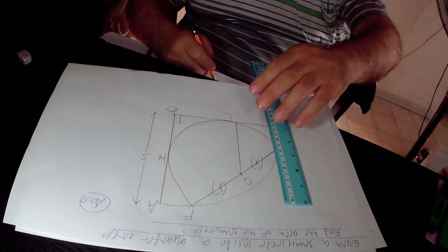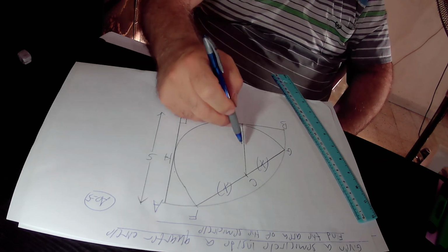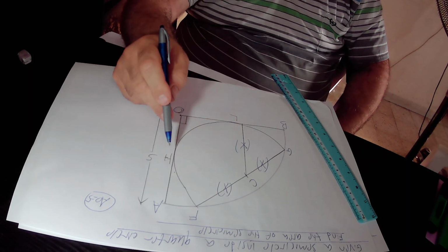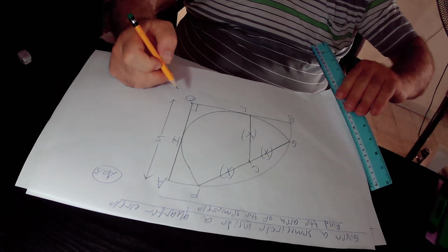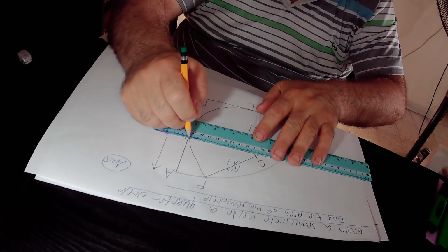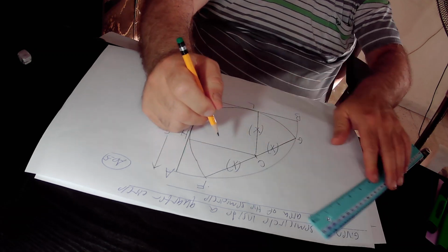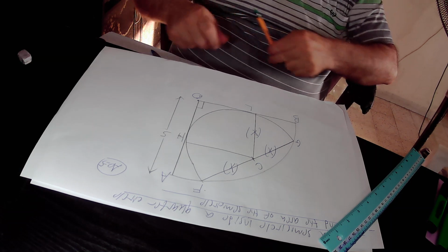CL is of course the radius of this semicircle, equal to x. Likewise, we will join points C and H together by a straight line. CH is of course also the radius of this semicircle, equal to x.